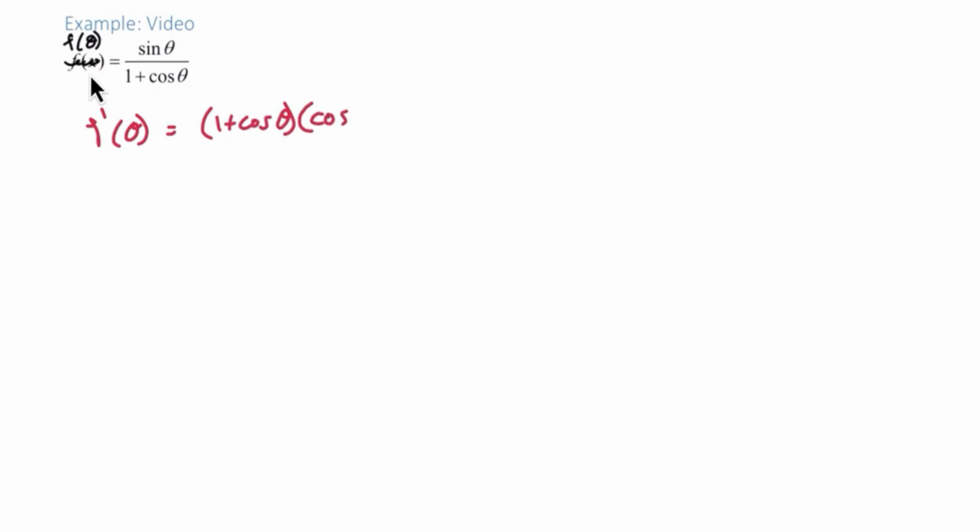The derivative of sine theta is cosine theta, minus the numerator times the derivative of the denominator. The derivative of 1 is 0. The derivative of cosine theta is negative sine theta, all over the denominator squared.